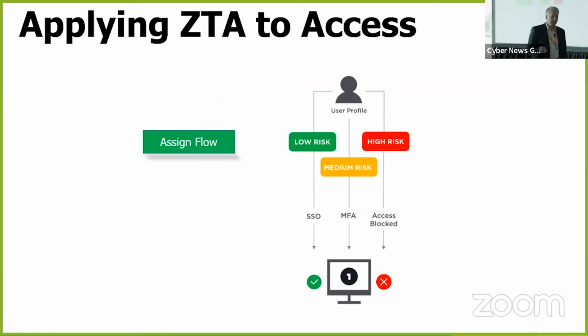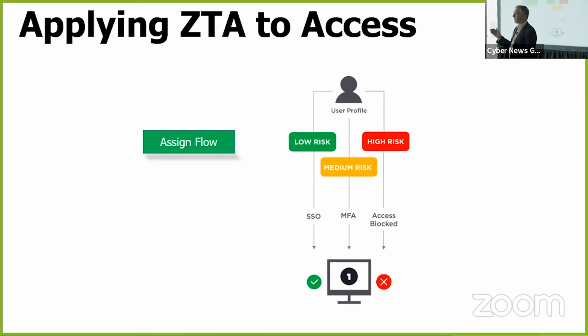Now, it's not simply an either-or choice. It's not that I'll grant access or I'll deny access. In fact, you want to be very careful about denying access because you don't want to prevent the business from going forward. You don't want to introduce that friction. So today you have the option to introduce different authentication flows.